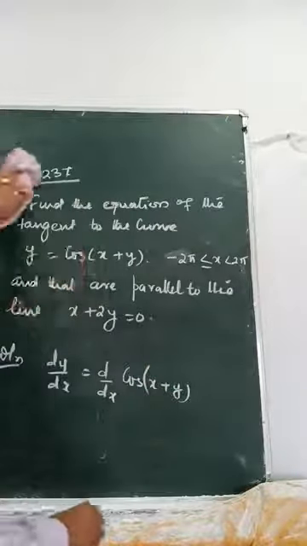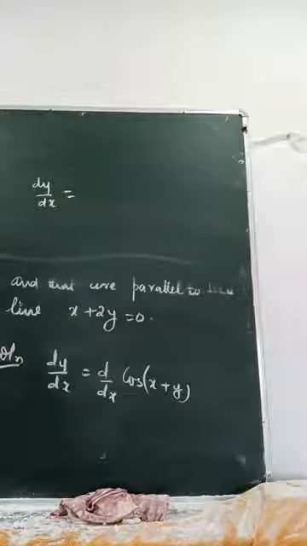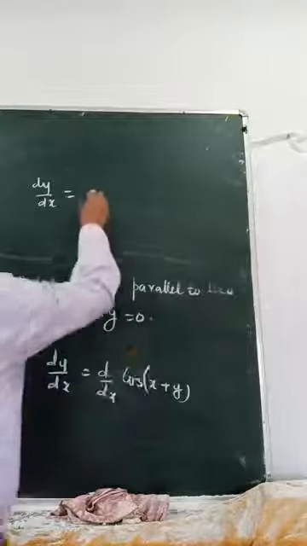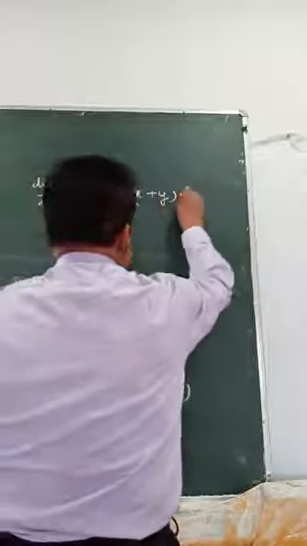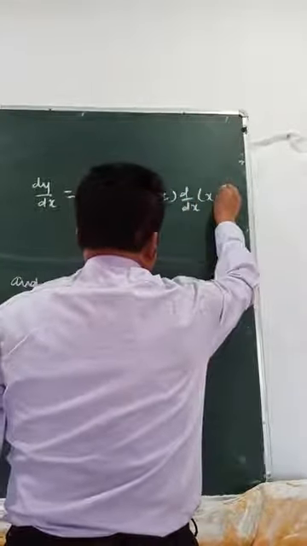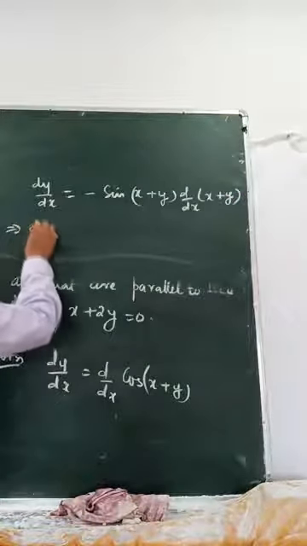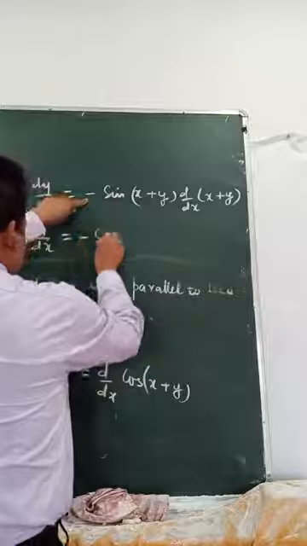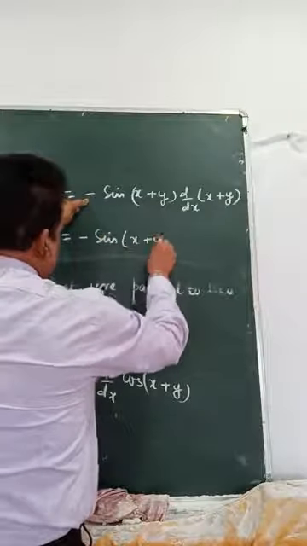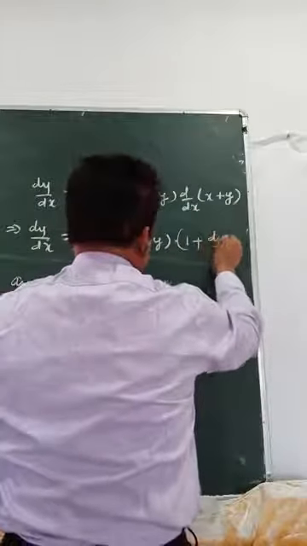This gives you dy by dx equals the derivative of cos, minus sin(x plus y), and the derivative of x plus y, which is 1 plus dy by dx.